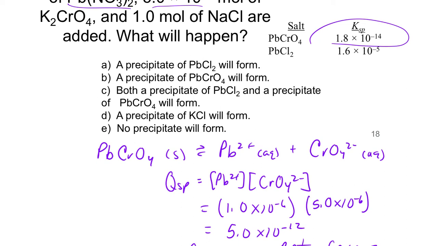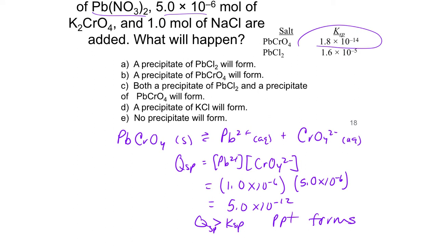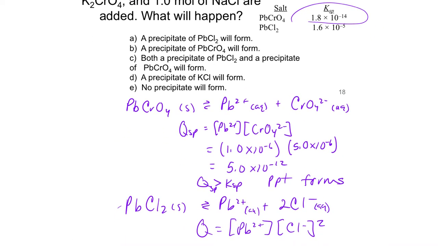All right. For the chloride, PbCl2 is in equilibrium with Pb2+ and 2Cl-. Q is equal to the concentration of lead times the chloride concentration squared. Lead's concentration is just the same as before, 1 times 10 to the minus 6.